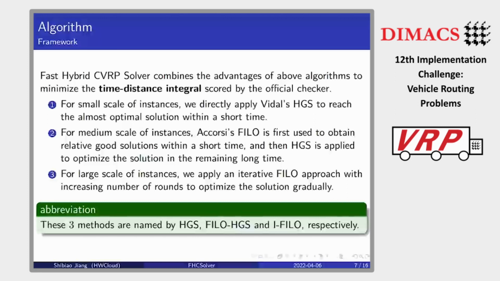And then in the remaining long time, HGS is applied to optimize the solutions. And for large-scale instances, we apply an iterative Filo approach with an increasing number of runs to optimize the solution gradually. These three methods used in our solver are named HGS, Filo HGS, and iFilo.